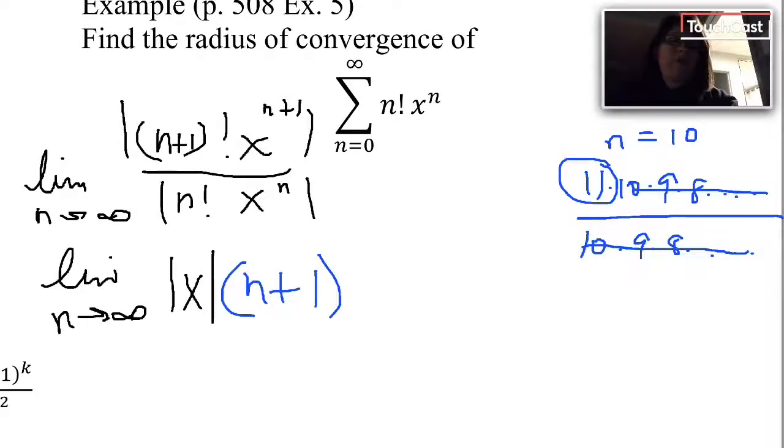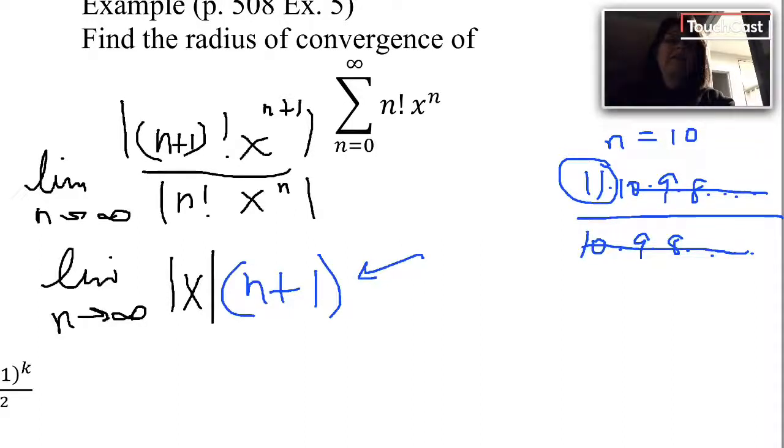So now I have to think about what happens to this limit as n goes toward infinity. Well, check this out. It doesn't matter what x is. I'm going to multiply it by infinity plus 1. That has a limit of infinity. So this definitely has a limit that is greater than 1.